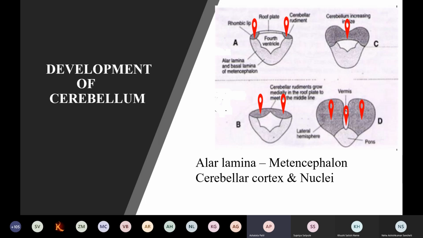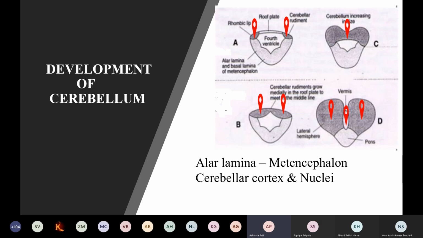If you see the fourth ventricle, the floor is formed by the pons and medulla, and the roof is formed by the cerebellum. So it develops in the roof of the fourth ventricle. These two alar laminae grow further, fuse in the midline, and cover the fourth ventricle. There is profuse growth from the two sides, but the central part remains underdeveloped.